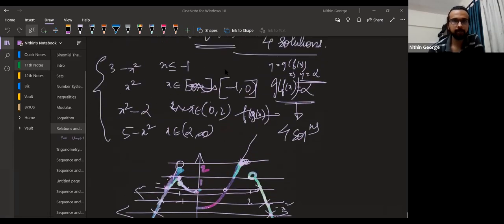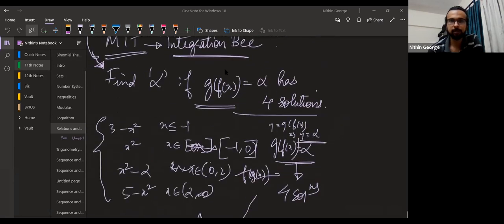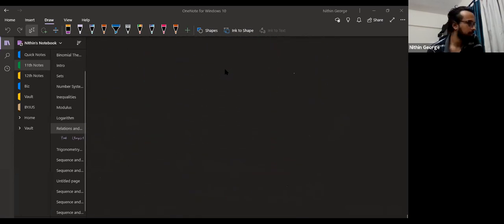So we did composite functions. Let's move on to inverse functions. I already spoke about inverse functions a bit. What did I say here?